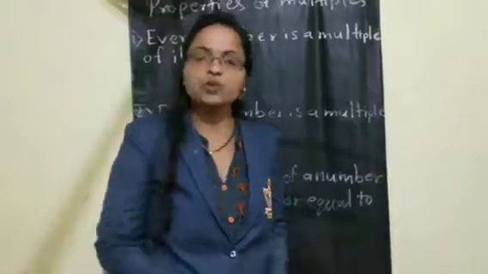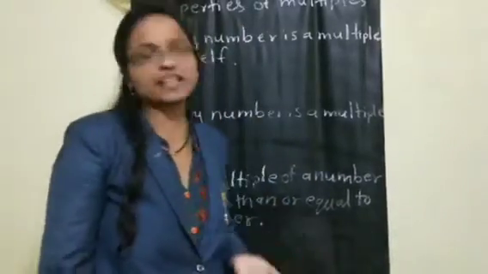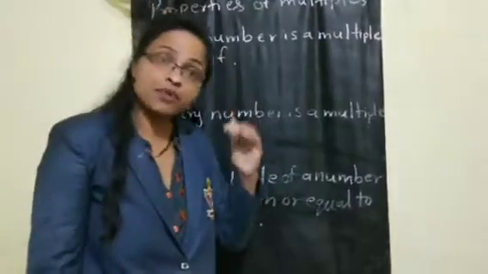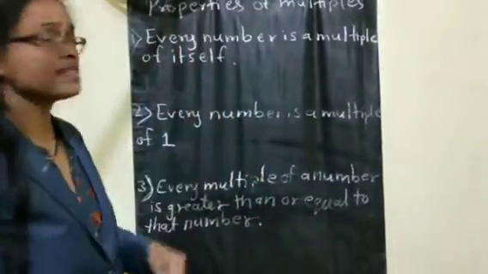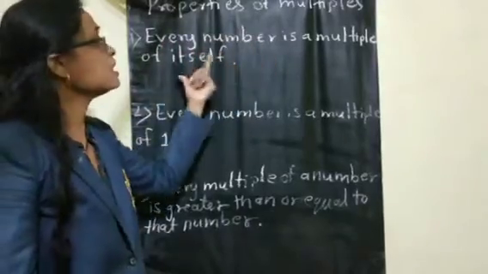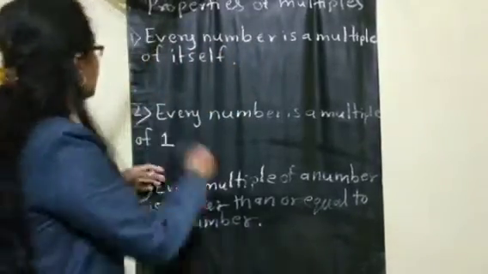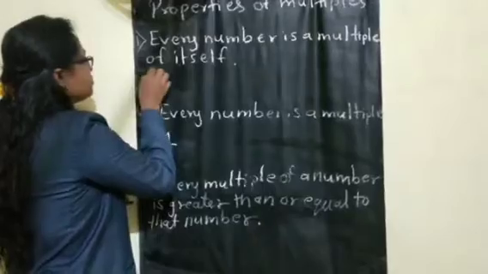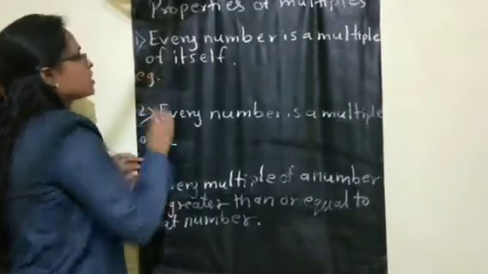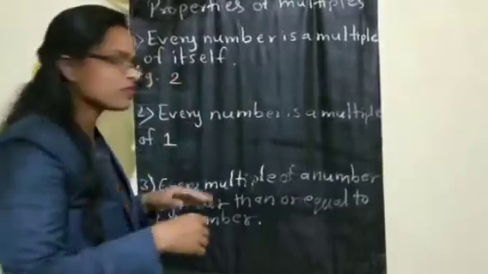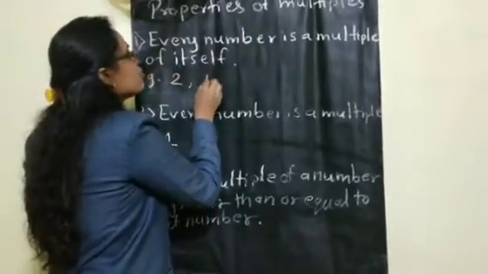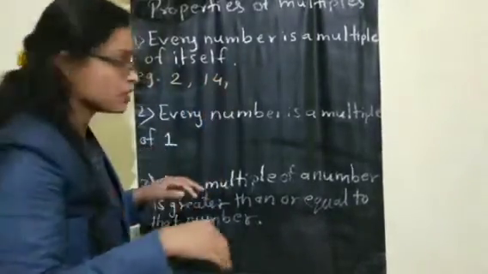Okay, children, to understand multiples in a better way, let us first understand the properties of multiples. The first property says every number is a multiple of itself. Example, if we take 2, 2 is a multiple of itself. If you take 14, 14 is a multiple of itself.